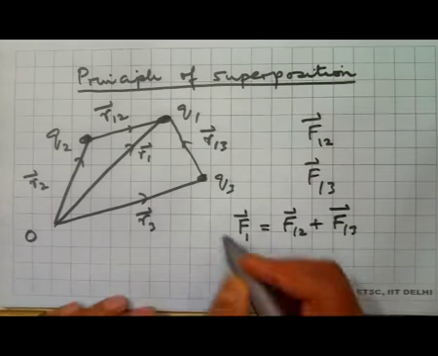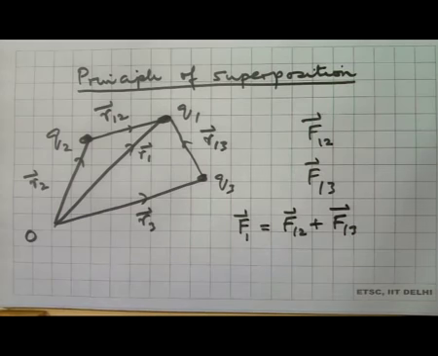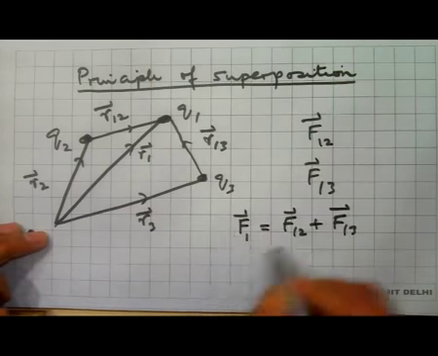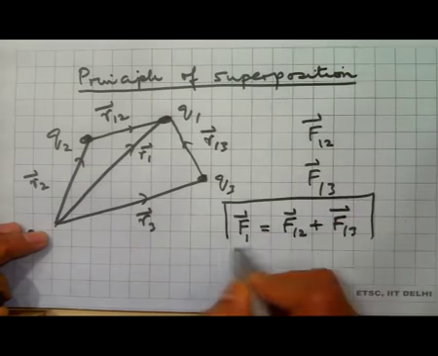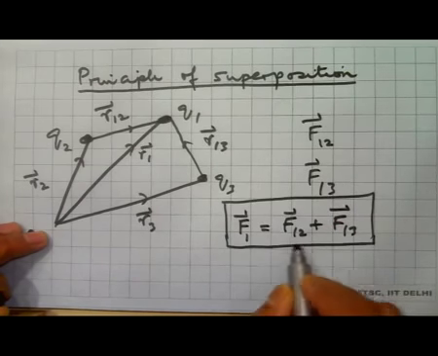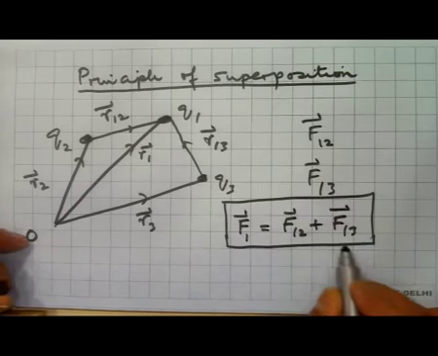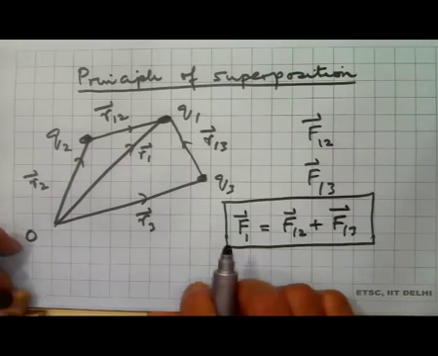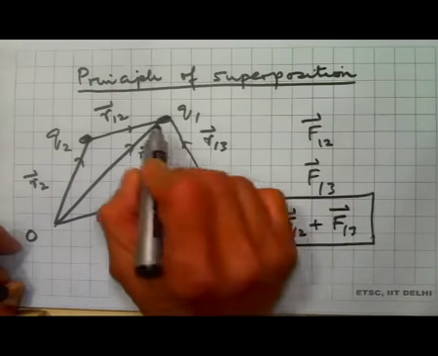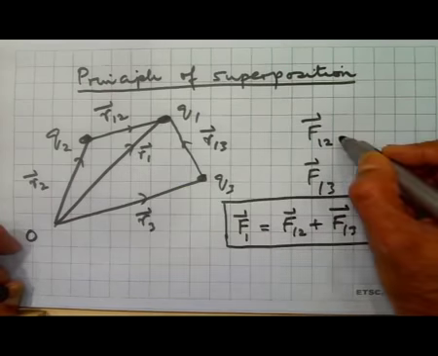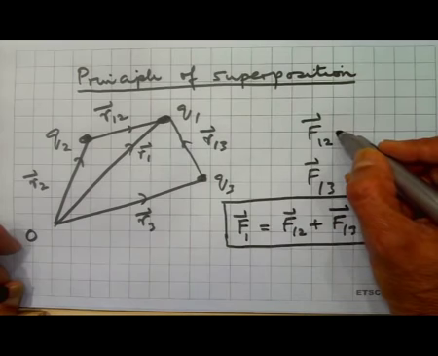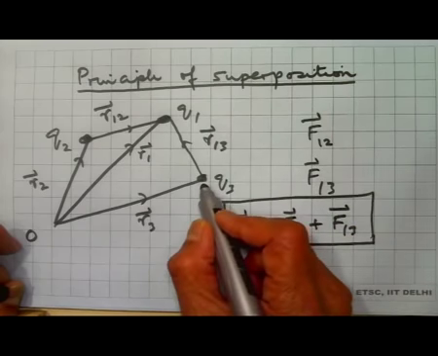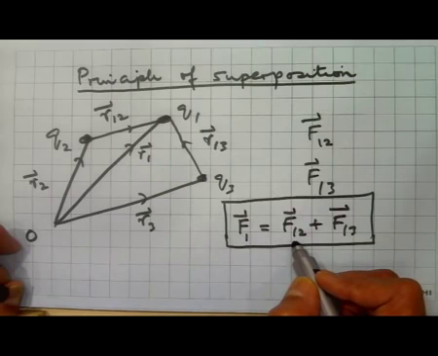That means the force on this charge Q1 is the sum of the force on Q1 because of Q2 in the absence of Q3 and the force on Q1 because of Q3 in the absence of Q2. The force on Q1 because of Q2 does not change even if Q3 is sitting here; it remains F12.